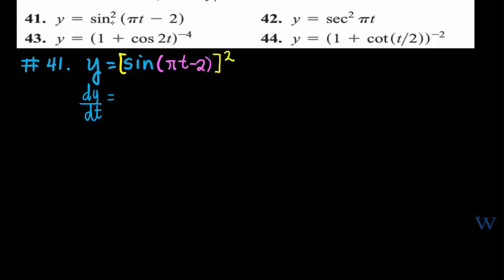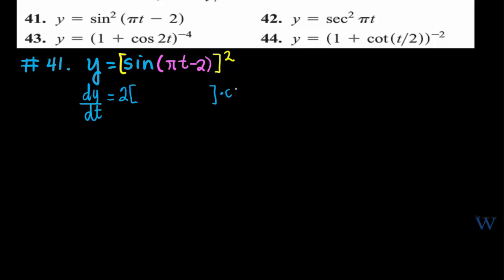So really, when you have sine squared of pi t minus 2, it's the sine of pi t minus 2 that has been squared. So the outside function is a squared function. So take its derivative, so that means it's 2 times that, multiplied by the derivative of sine.